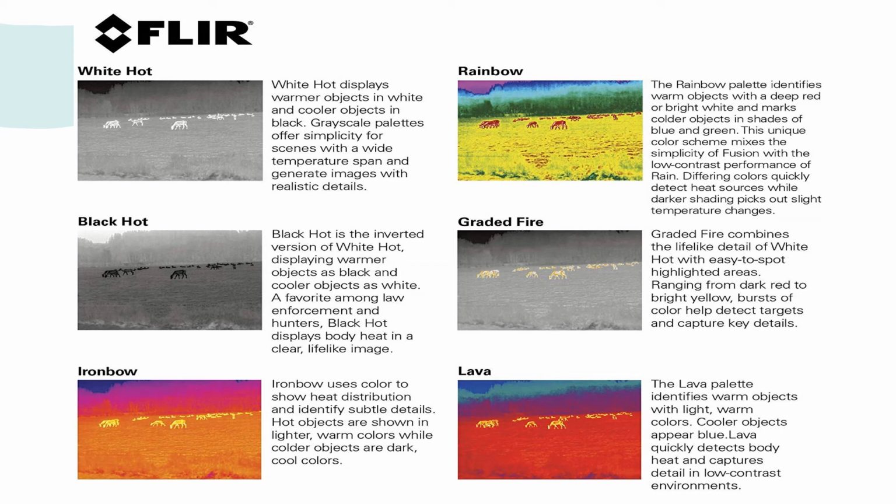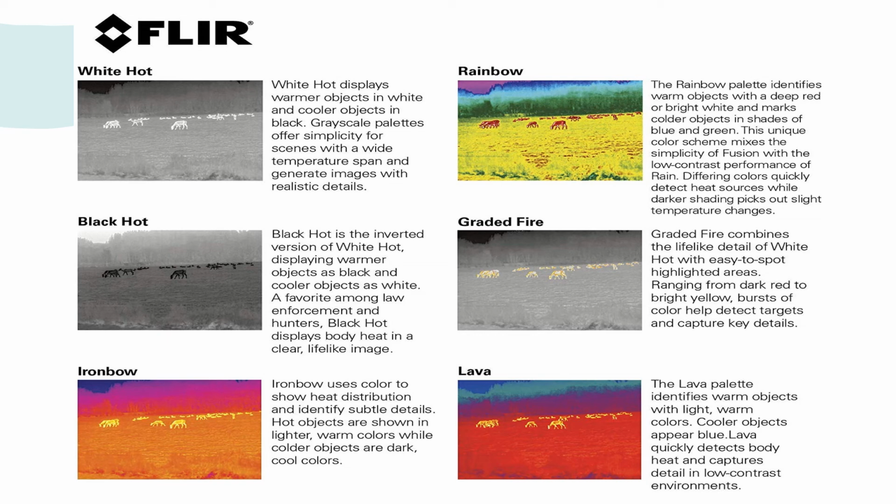The rainbow plate identifies the warm objects with a deep red and bright white, and marks colder objects in shades of blue and green.